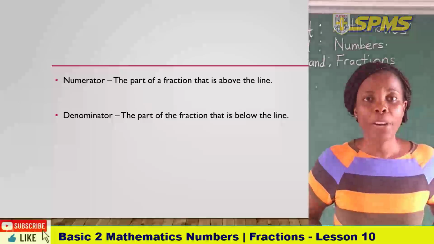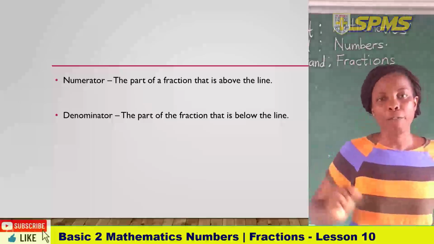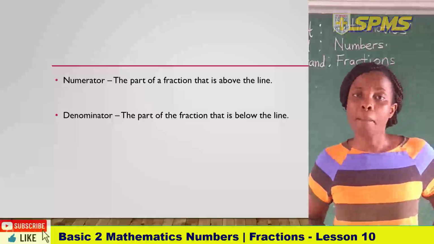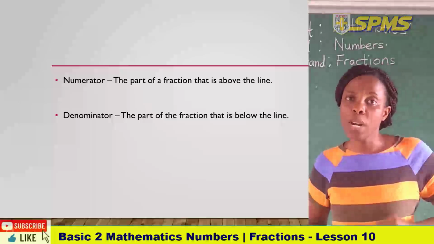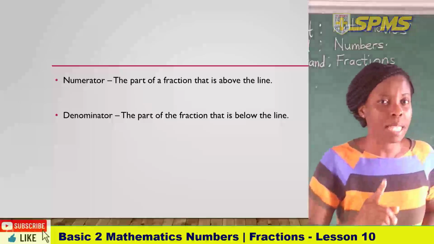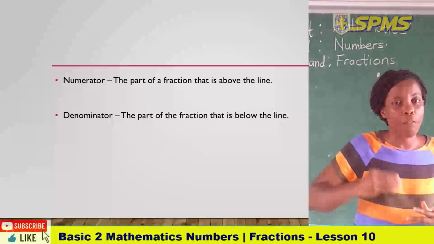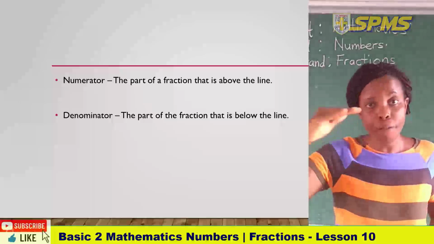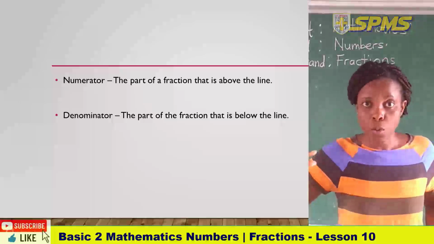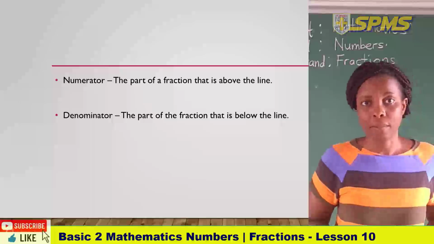We are going to know how to write numbers in fraction form. So you have some part of it which will be known as the numerator. So anytime you hear me saying numerator, it means the number or the part of the fraction which is above the line. So there's going to be a line that will divide two numbers.